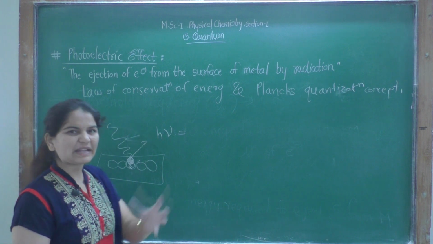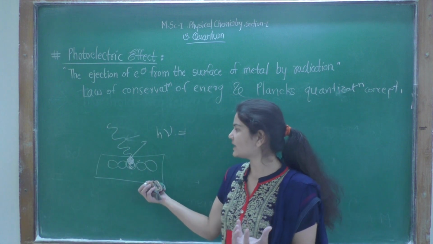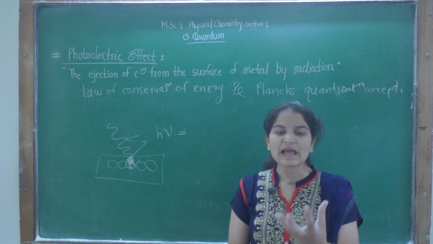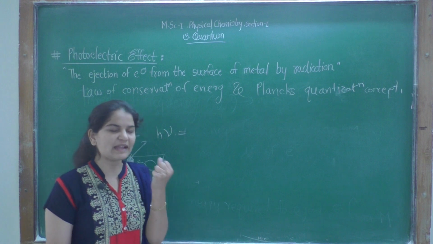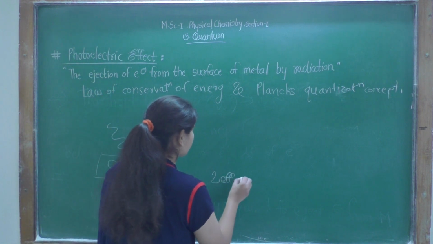Here the metal is binding the electron, right? Suppose this is sodium metal, then it is the outermost electron of the sodium metal, and the sodium nucleus has some attractive force on that electron, Z effective nuclear charge.